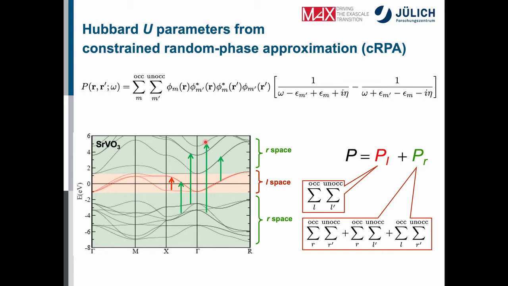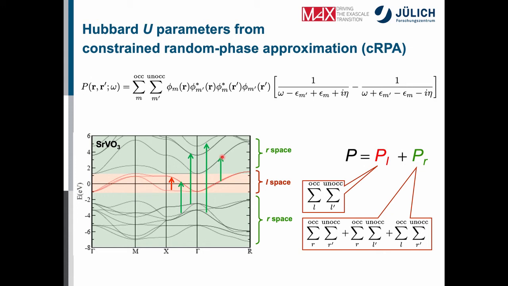Now we can classify these excitations into excitations that take place in the correlated subspace, like the red one, and the ones that somehow involve other bands outside the correlated subspace. For example, going from the rest space into the rest space, or from the correlated subspace into the rest space, and so on.